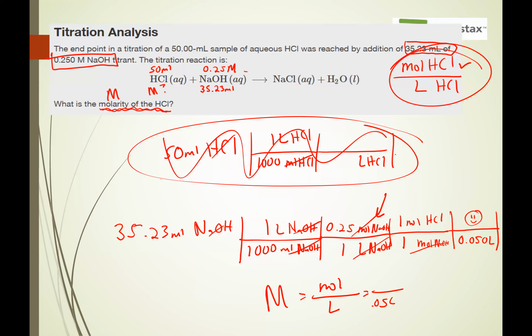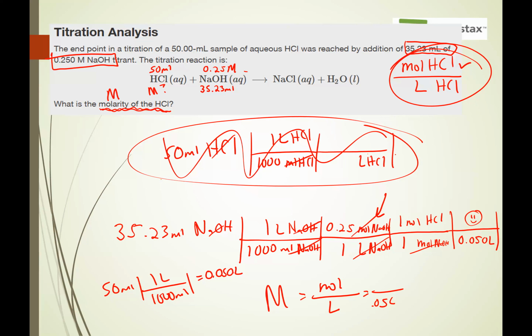This was 50 milliliters, and there's 1,000 milliliters in 1 liter. I just did it really fast. This solution stoichiometry, I think, is harder than regular stoichiometry because molarity has 2 units in it and it's confusing.